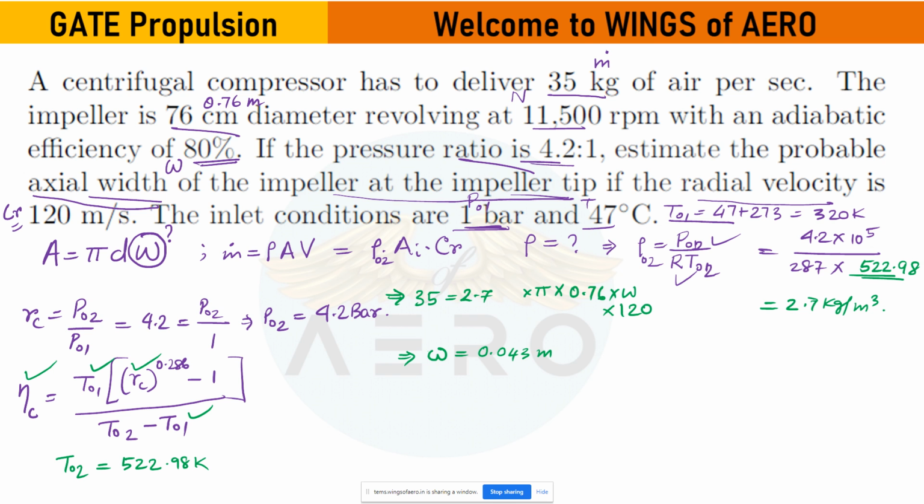Others, just let me know what is the answer. 0.043. Okay, that's great. So this is the right answer, and all are getting the same. Correct. So you can understand from a single parameter how they ask the questions.